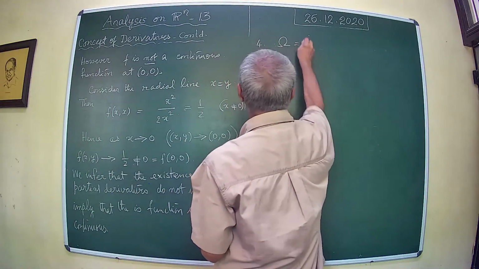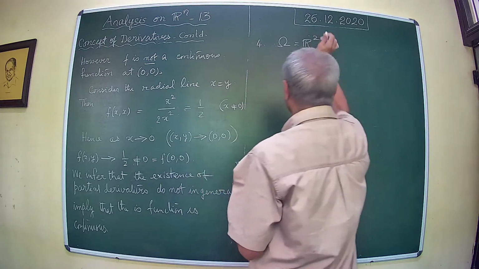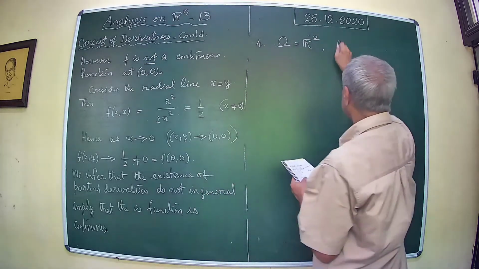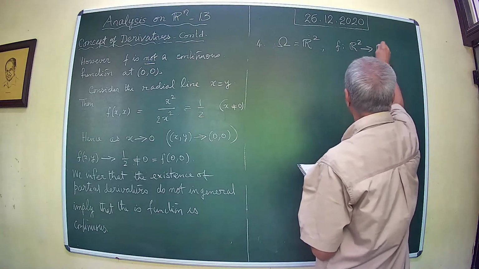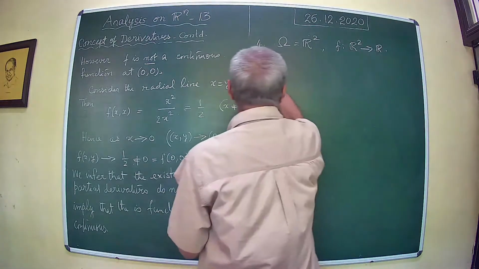Omega equal to R squared, again defined by.